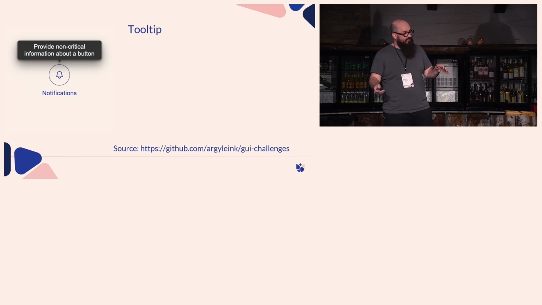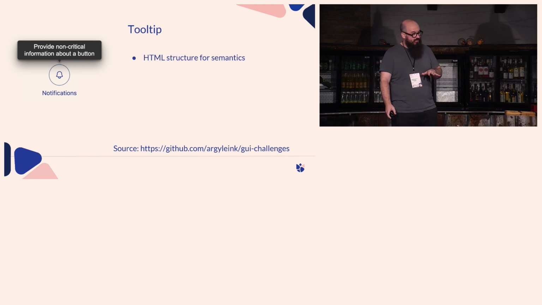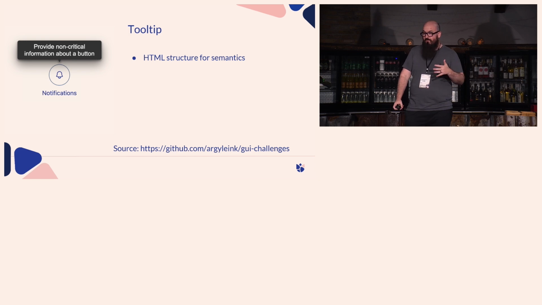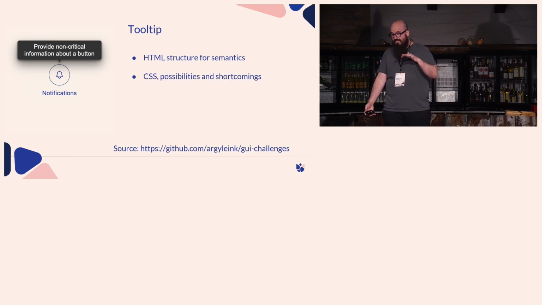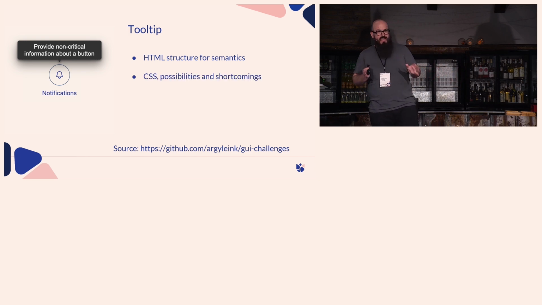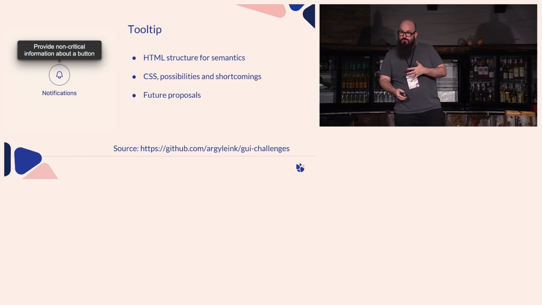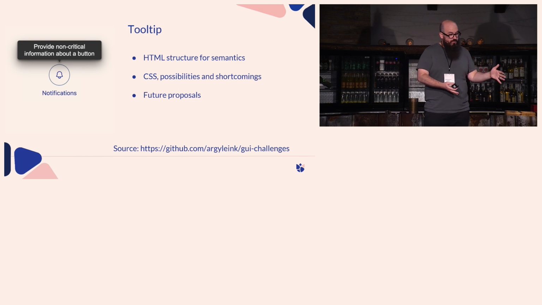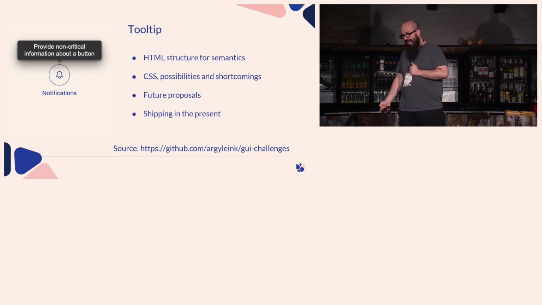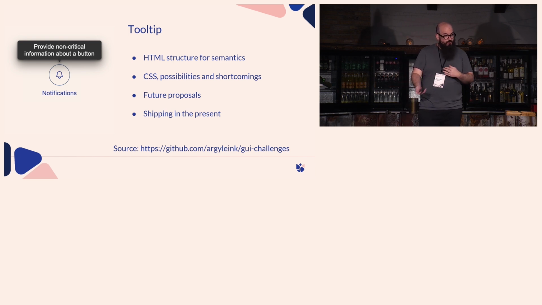But for the context of tooltip, we're going to take a look at the HTML structures for semantics. We're going to look at CSS, some possibilities today, as well as shortcomings around that. We're going to look at some future proposals that will make components like tooltip and many others even easier in the future, and talk about some of the realities for shipping a tooltip in the present.